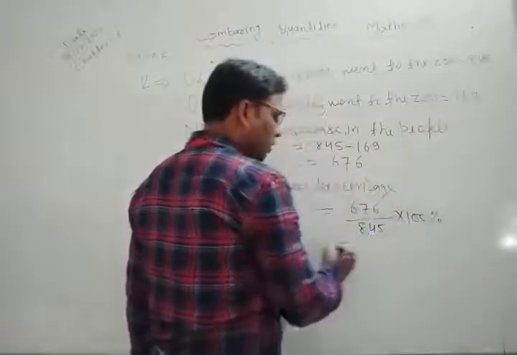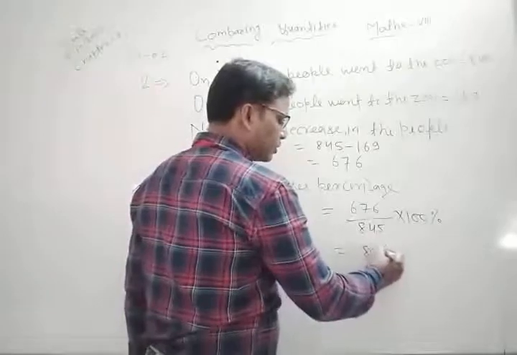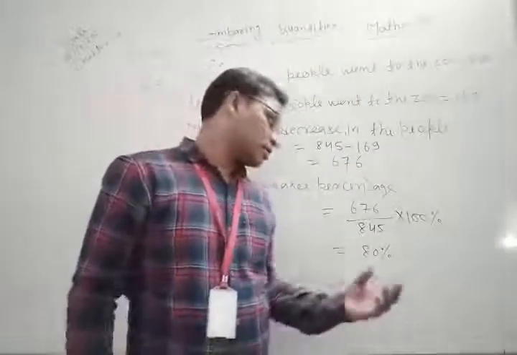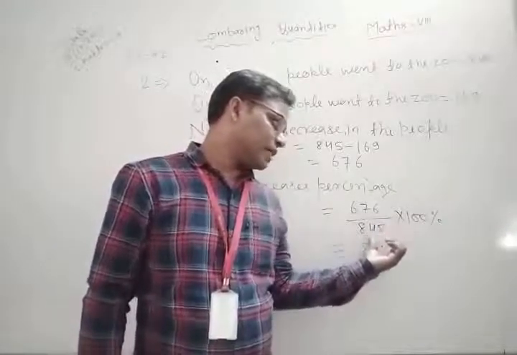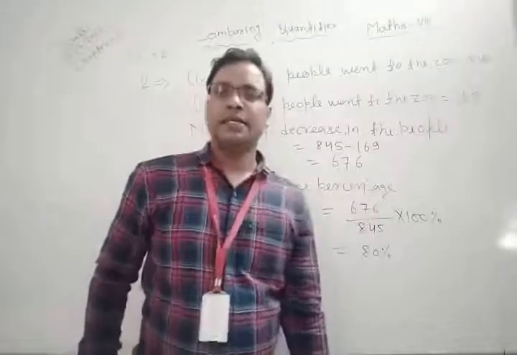Okay, if you calculate that, then you find 80%. If you cancel this, then you find 80% of people decreased at the zoo.